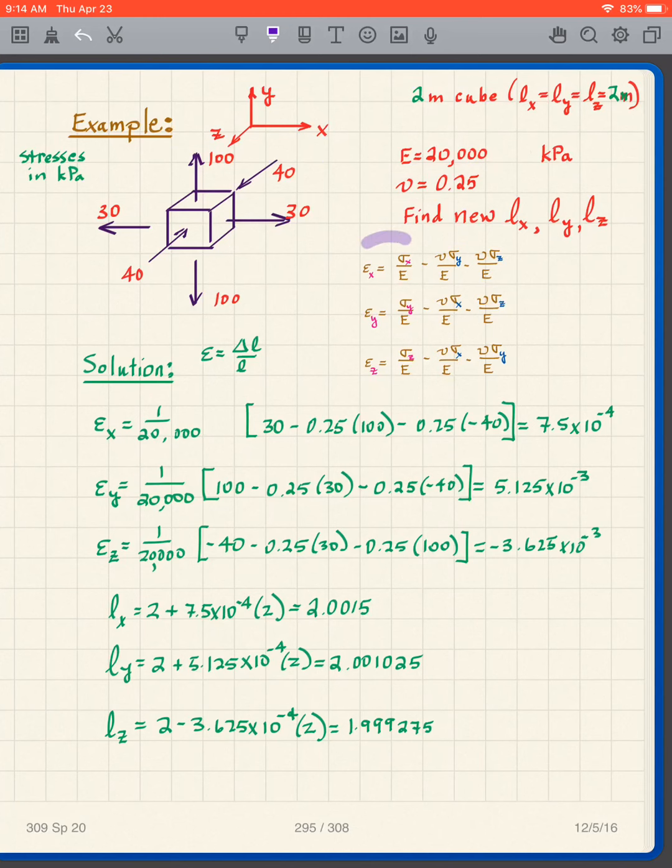We're going to use our Generalized Hooke's Law to determine the new shape, and it's a matter of just plugging these values in.